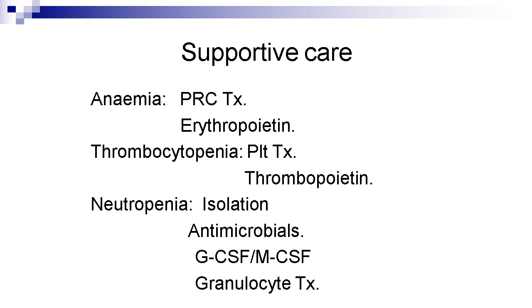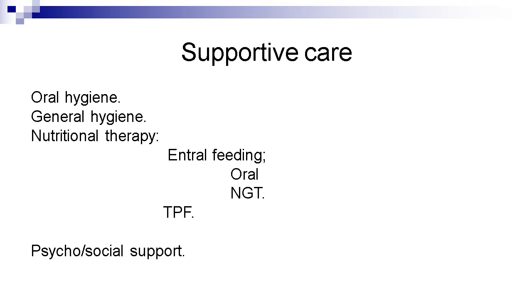You can give granulocyte colony stimulating factor or monocyte colony stimulating factor to activate the genesis of the white cell precursors, or granulocyte transfusion is another option. The supportive care is very important, and it includes oral hygiene, general hygiene, nutritional therapy, as well as psychosocial support.